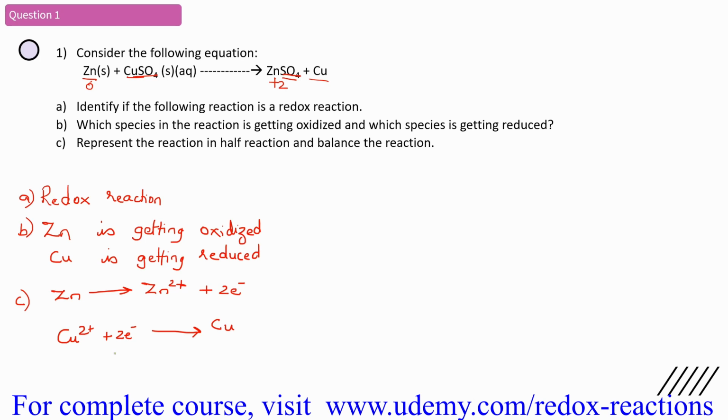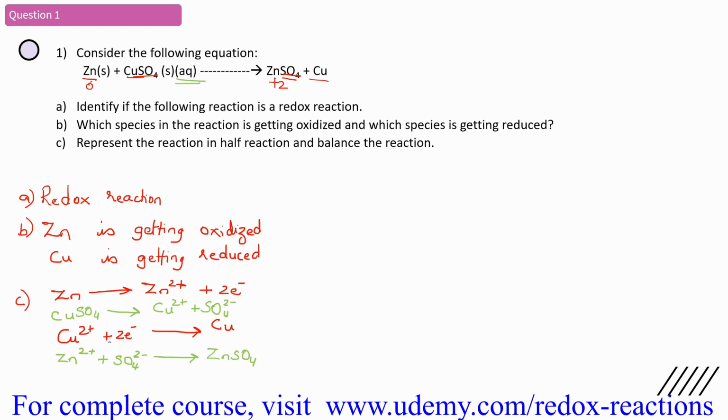However, we should know that this is happening in aqueous conditions, because of which copper sulfate breaks down to copper and sulfate ions, and the zinc that is formed would react with the sulfate ions to form zinc sulfate.